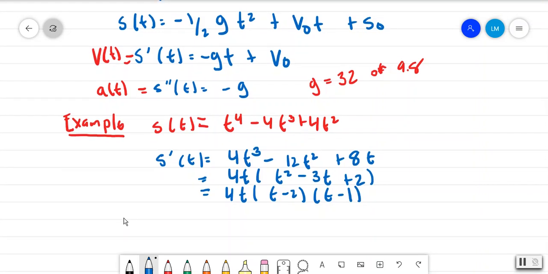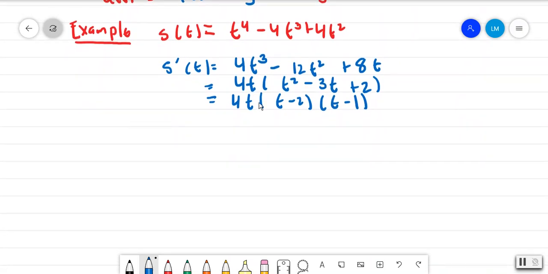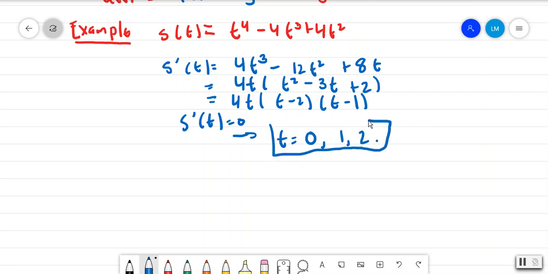What this basically means is that if we set s prime of t to 0, the velocity is at a stop. So we have t equals 0, 1, and 2. Those are the values where the velocity is at a complete stop.